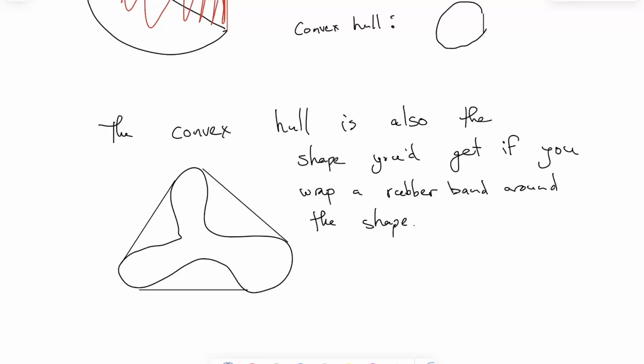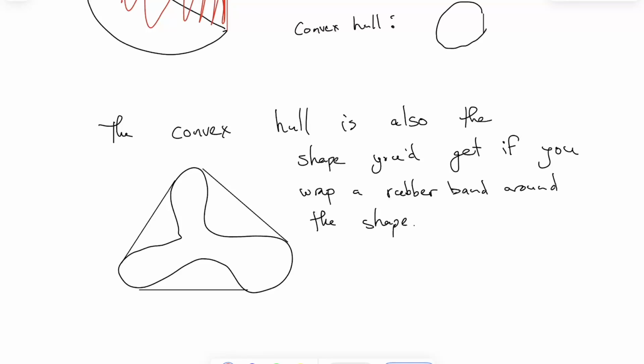Often this is how the convex hull is described in a less mathematical way. It's the shape that you would get if you wrapped the rubber band around the original shape. I hope you all agree. If you did that, you'd end up with these straight lines bridging the gaps, but then it would wrap smoothly around the outie curves.